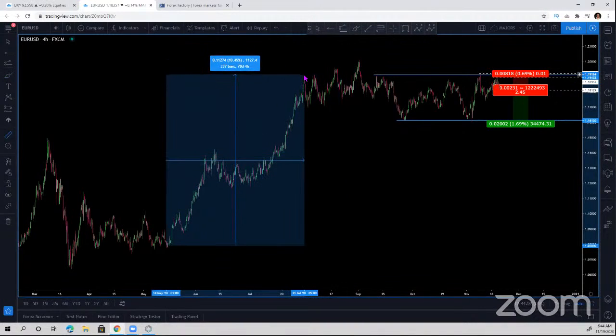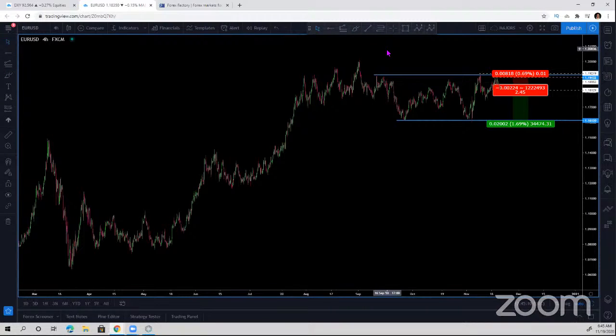We are talking about from low to high of the move. And I'm taking this high because after this high, we started to range. That's our 1,123 pips or 10% move on the Euro USD. And that was on July 31st.